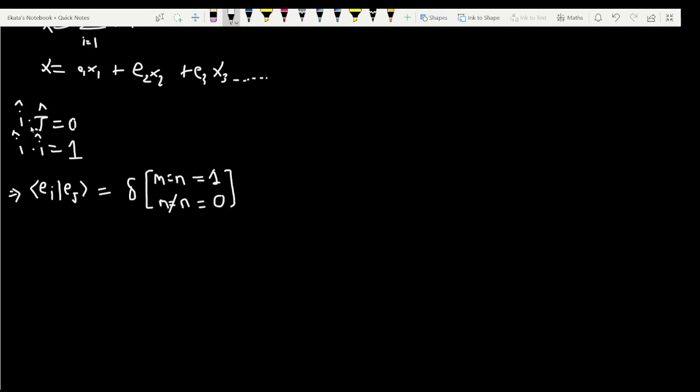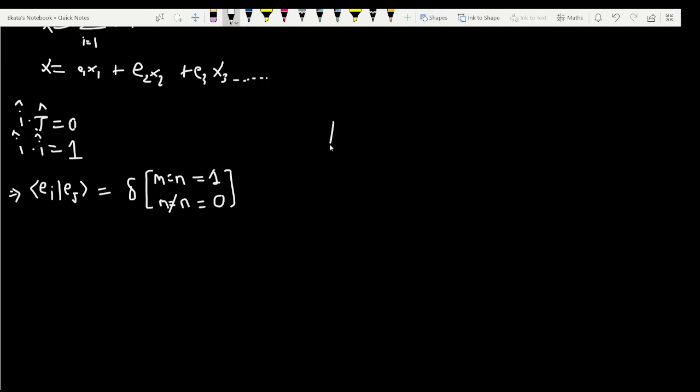And if m is not equal to n, then its value is equal to 0. Just like in this case, i cap and j cap are not equal, so m is not equal to n, and its dot product is 0. But the i cap and i cap dot product is equal to 1.